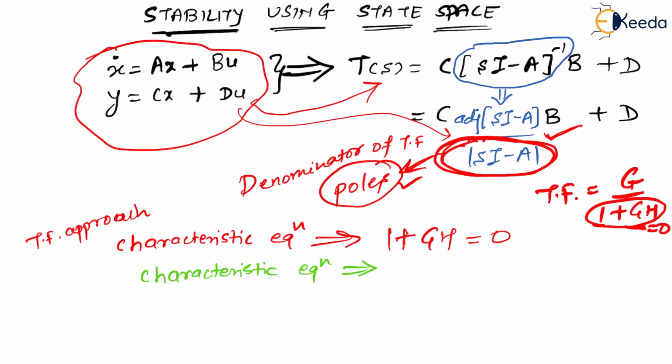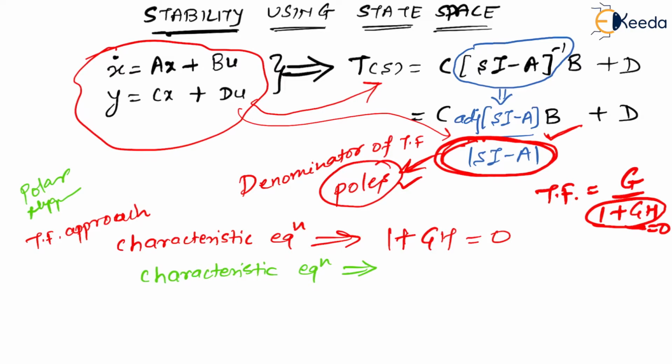We used the RH criterion, we used the polar plot, the Nyquist plot, and stuff like that. That was all done in order to check if the system is stable or not. So definitely the stability concept will be there in modern control theory as well. This is nothing but the characteristic equation.